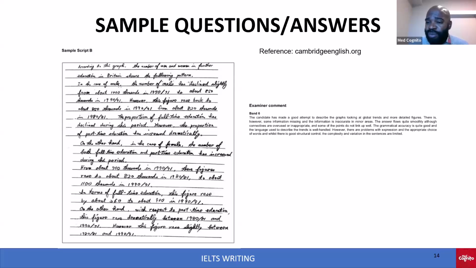However, there are problems with expression and the appropriate choice of words, and whilst there is good structural control, the complexity and variation of the sentences are limited. And so, as I mentioned, you will have to vary the sentences. You must have simple, complex, and compound sentences. You will have to vary as you describe the graph.